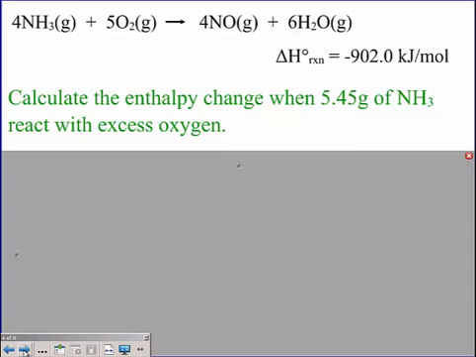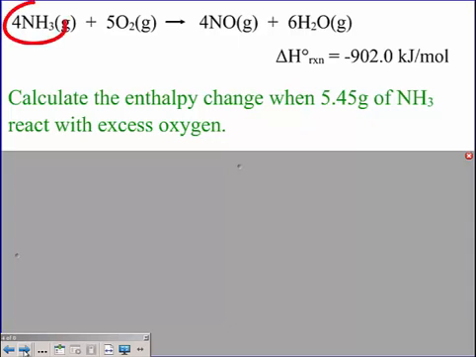How often, though, on a test question or in lab are we given amounts already in moles? That's pretty rare. This is a more typical question. Calculate the enthalpy change when 5.45 grams of ammonia react with excess oxygen. From the thermochemical equation given above, we know a relationship between moles of ammonia and the heat change.